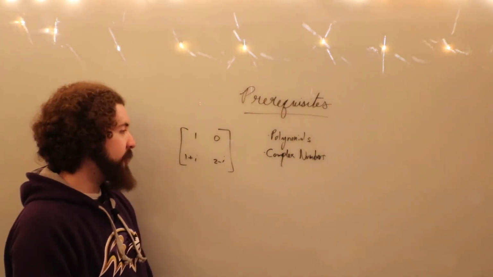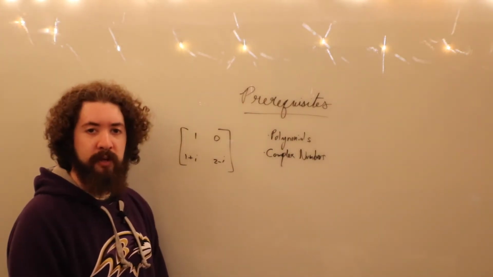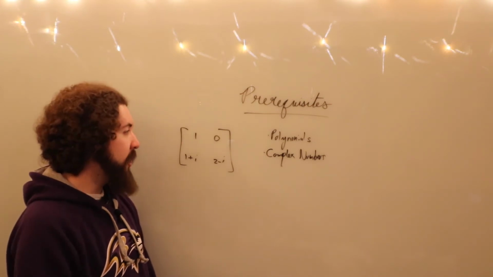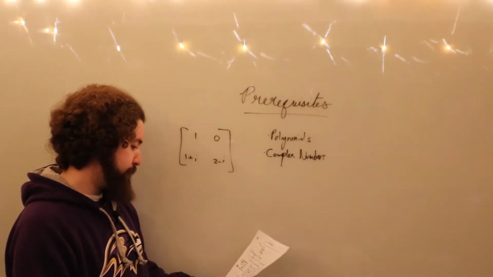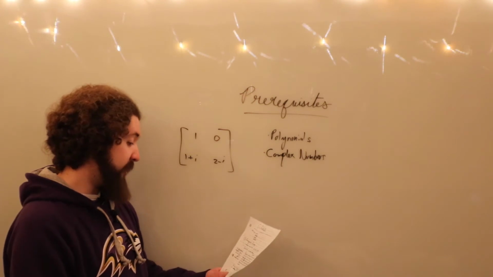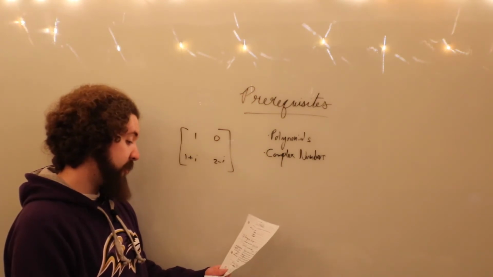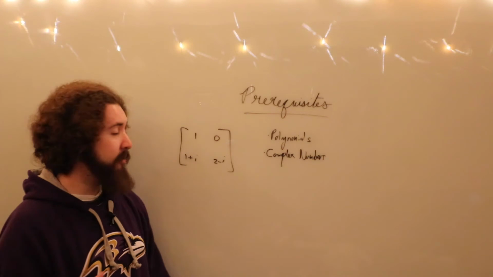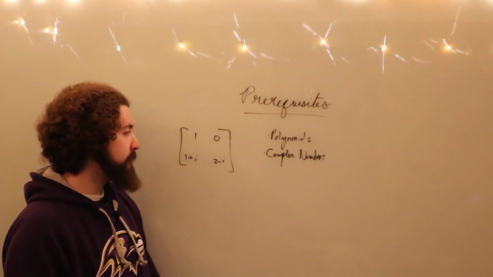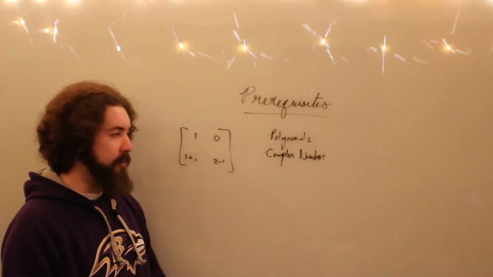So it's going to be helpful for you to know what complex numbers are, how to multiply them, how to take the complex conjugate. You should know the statement of the fundamental theorem of algebra. That's pretty much it for complex numbers.